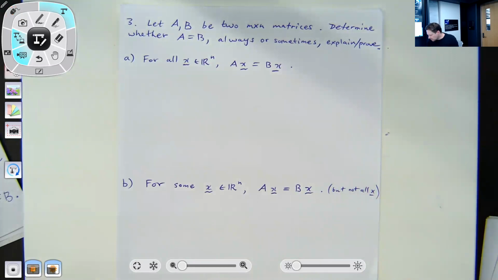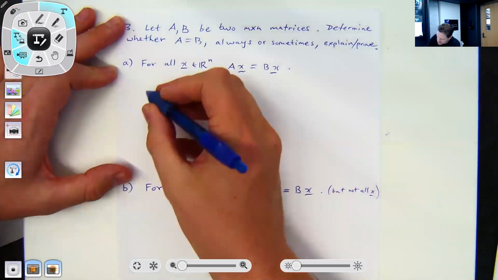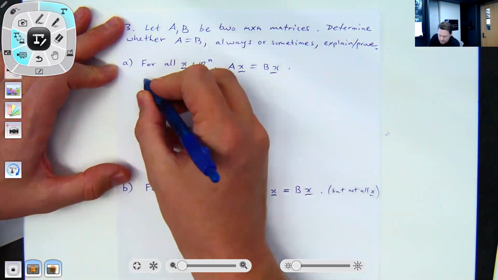Okay, now let's have a look first at the first one. Given that it holds for all vectors in Rn, that allows us to choose X. So we can choose E1, since we know that it happens for E1.